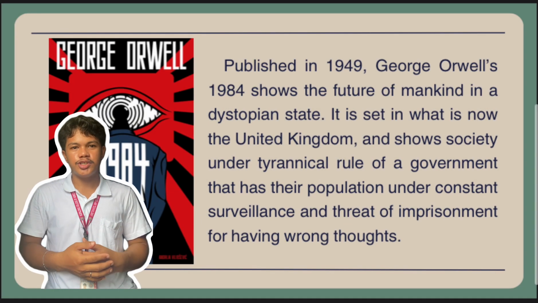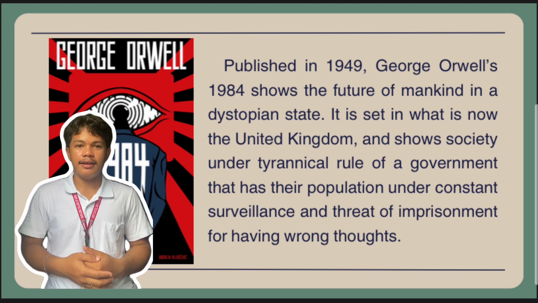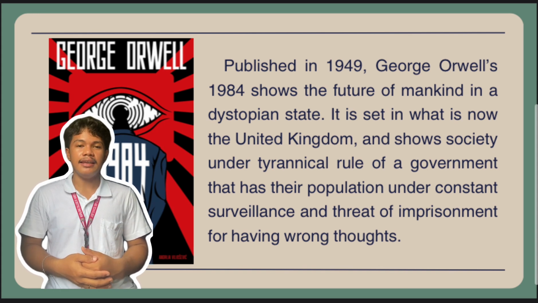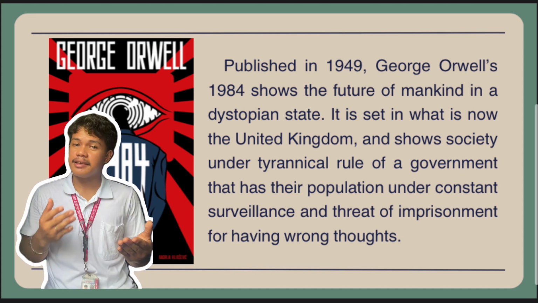And we have George Orwell's 1984. Published in 1949, George Orwell's 1984 shows the future of mankind in a dystopian state. So what do we mean by dystopian state? This refers to a society that is characterized by misery, oppression, and suffering.